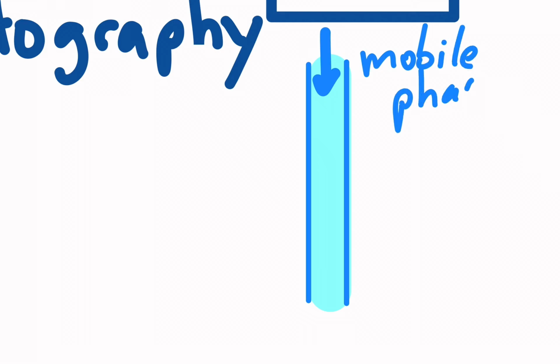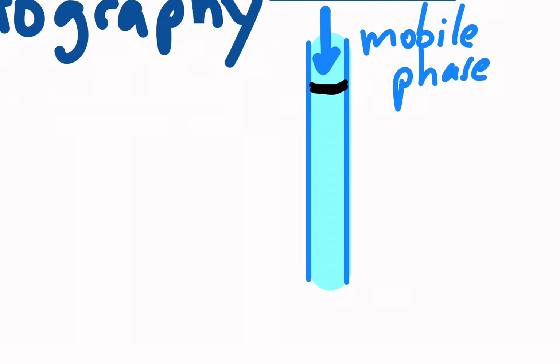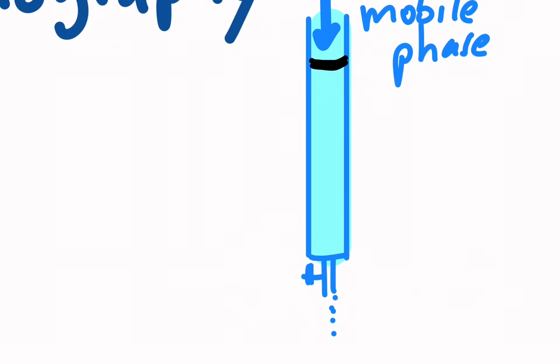So you push your mobile phase through the column, and you have some mixture of a substance that's along for the ride, and you can get it to elute out the bottom. It'll be what looks like a burette with a valve, and you get things to get dispensed out.